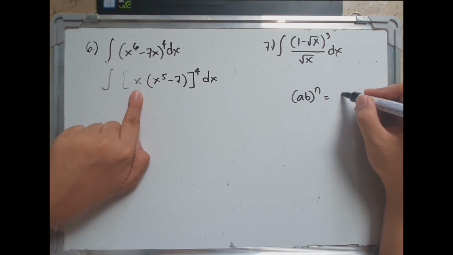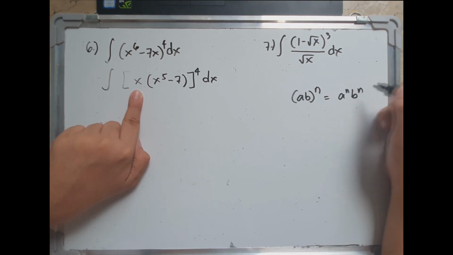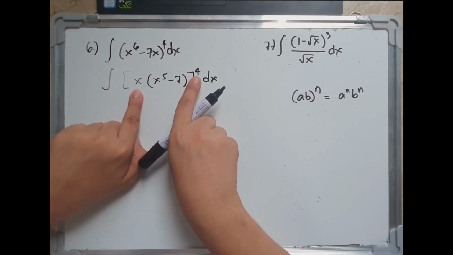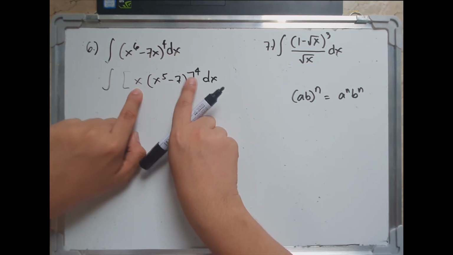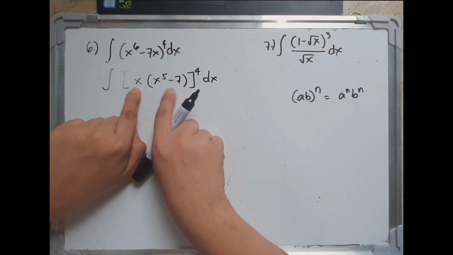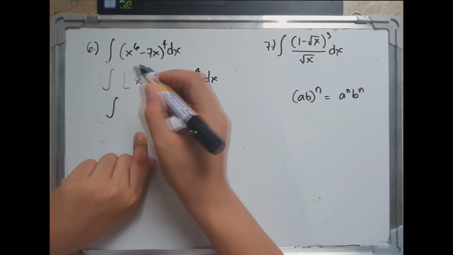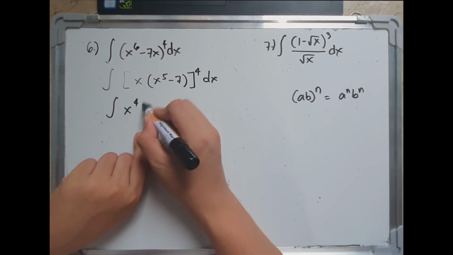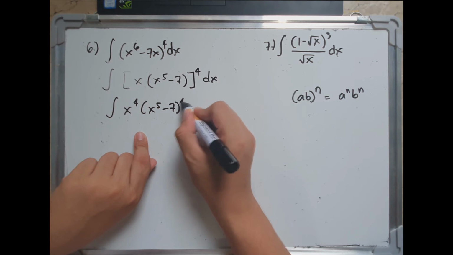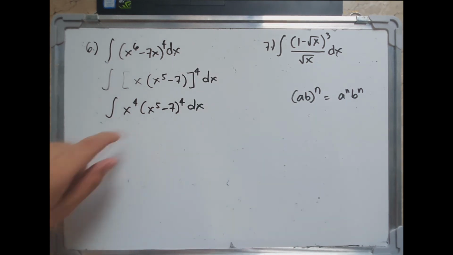So we now have a to the n, b to the n. In this case, we will be distributing the power to each of the two functions. So we have the integral of x to the 4th, times x to the 5th minus 7 raised to the power of 4 dx.